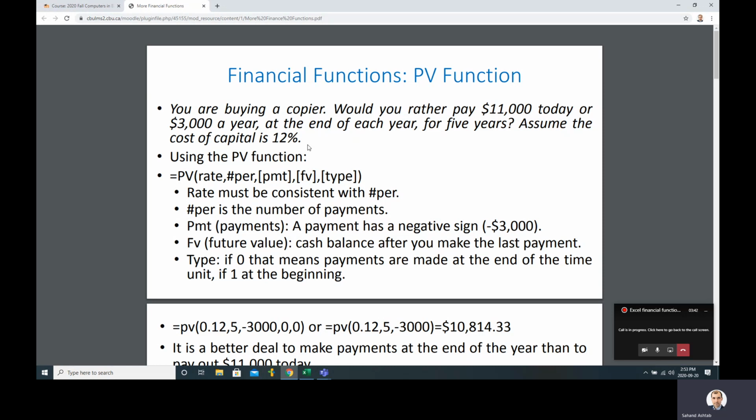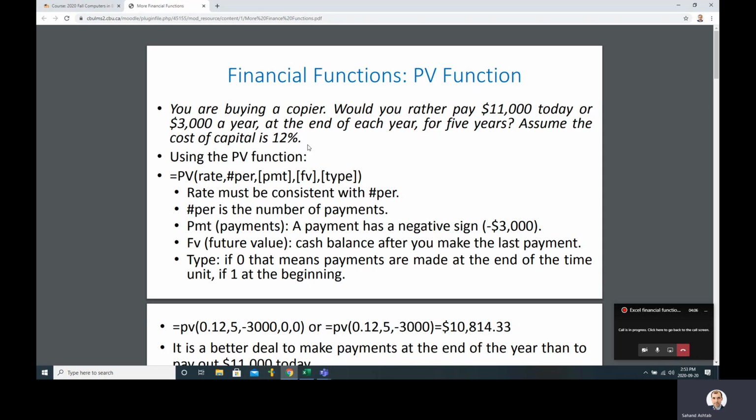So again, back to this example, there are five $3,000 payments that are placed across 5 years. These $3,000 are not offering you the same buying power. So what $3,000 can buy you this year is not the same as 1 year from now. That's not the same as 2 years from now.